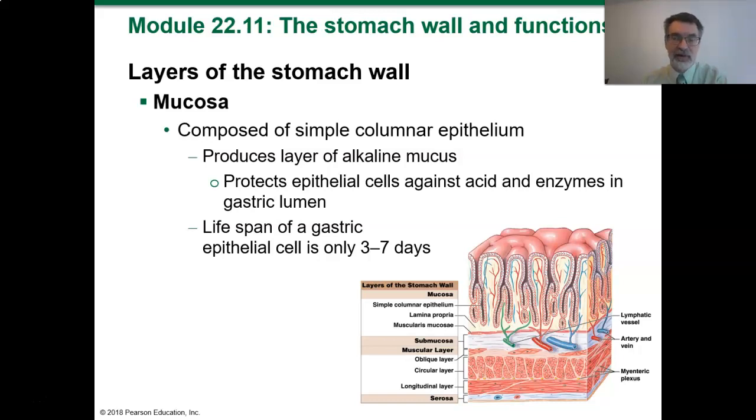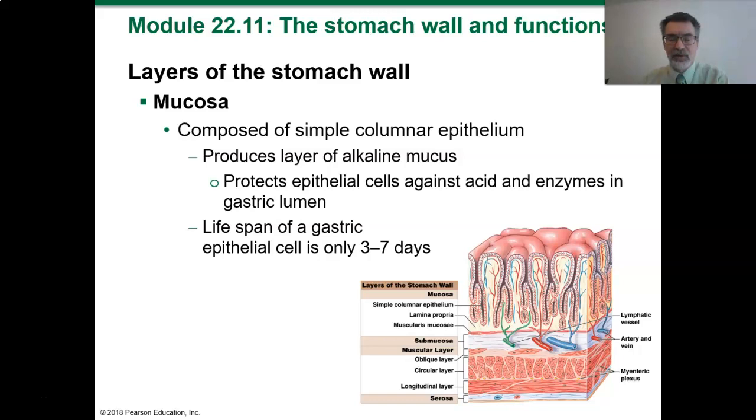So the cells are going to be highly capable of mitosis, dividing, producing new cells, and replacing damaged cells as they're dying along the area to help maintain the epithelial boundary. This creates these gastric pits.